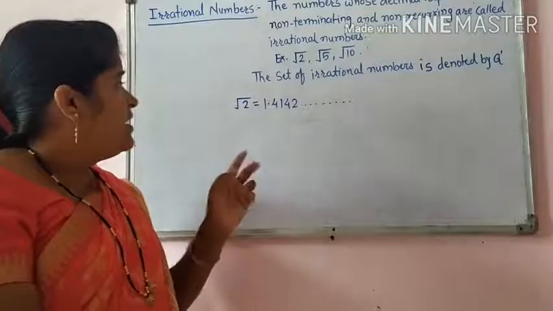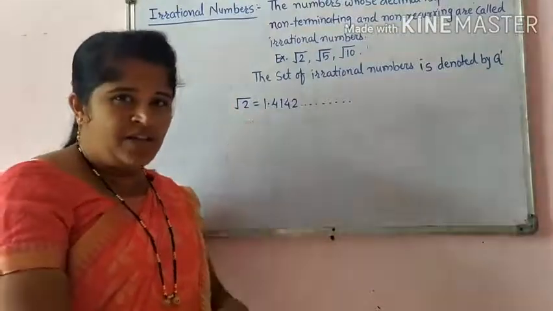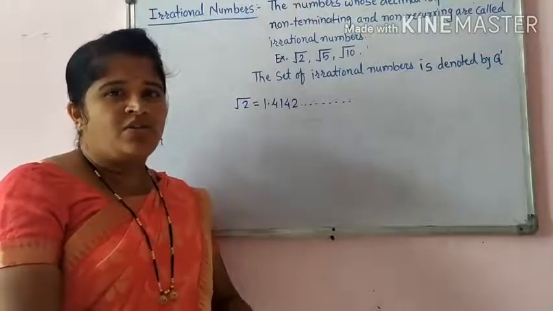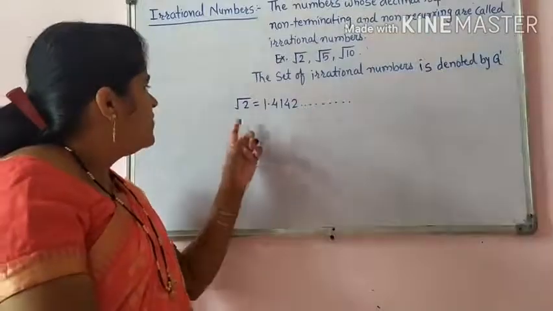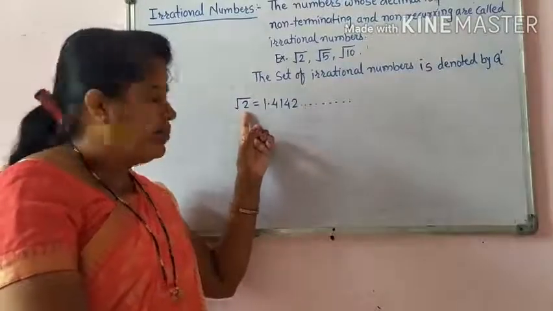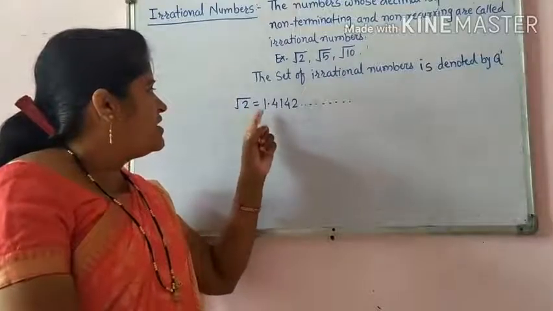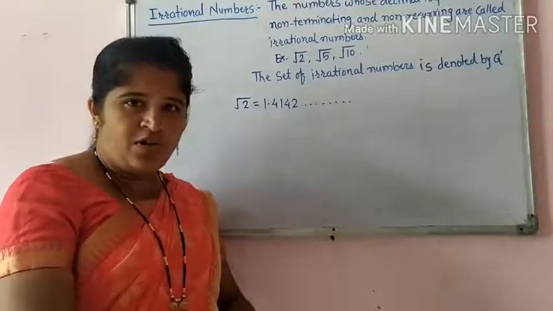Now if we find the square root of 2 by our division method, which you studied last year, you will find that its square root is equal to 1.4142 and so on.